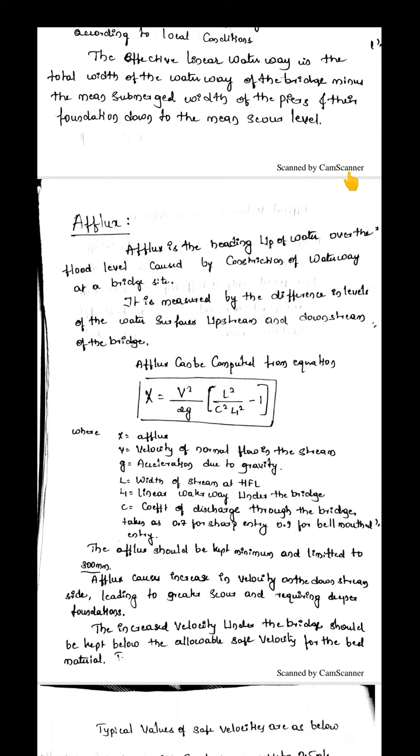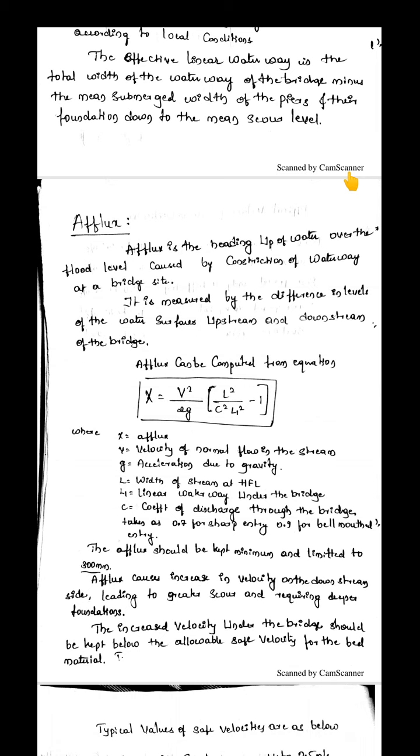So this is your relation: afflux is directly proportional to the square of the velocity, directly proportional to the width of the stream at high flood level, and inversely proportional to the linear waterway. C, the coefficient of discharge to the bridge, is taken as 0.7 for the sharp entry and 0.9 for the bell mounted entry.